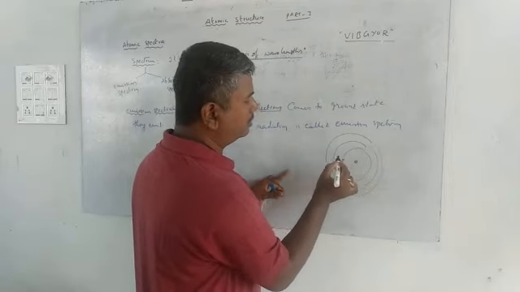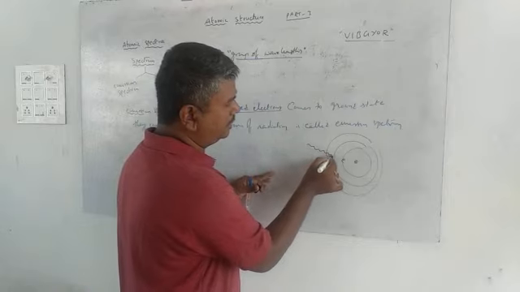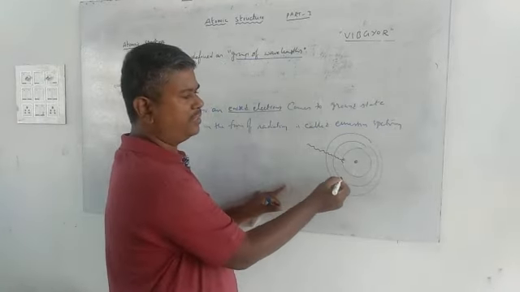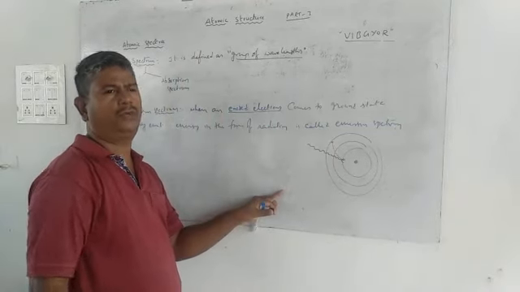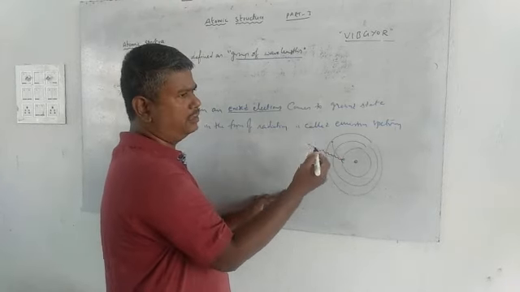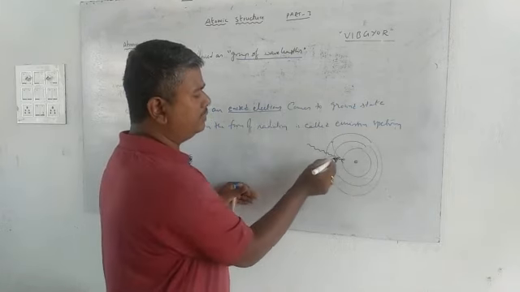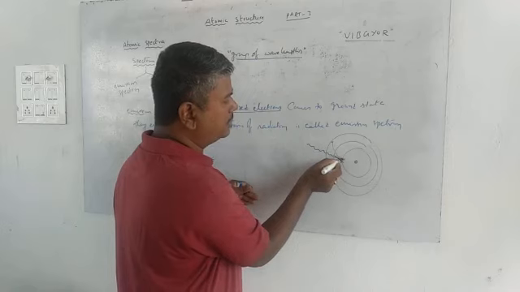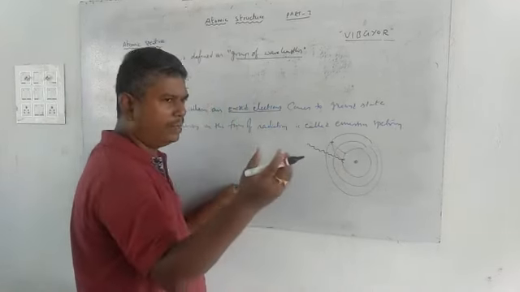When an electron revolves around the nucleus, if you supply some amount of energy, it absorbs energy and is excited to a higher state, either this state or this state. The amount of energy absorbed depends on the energy gap between the two states.